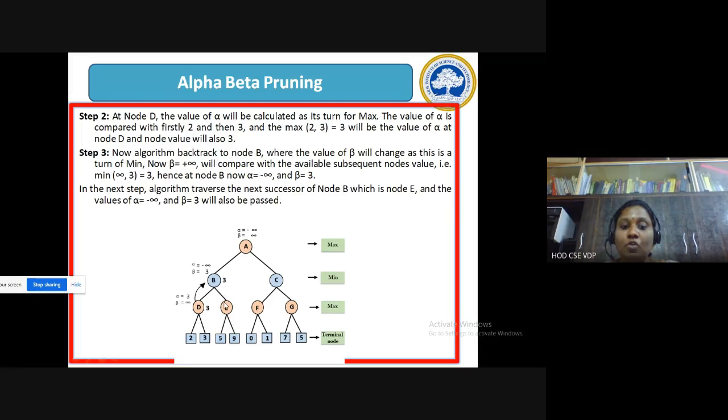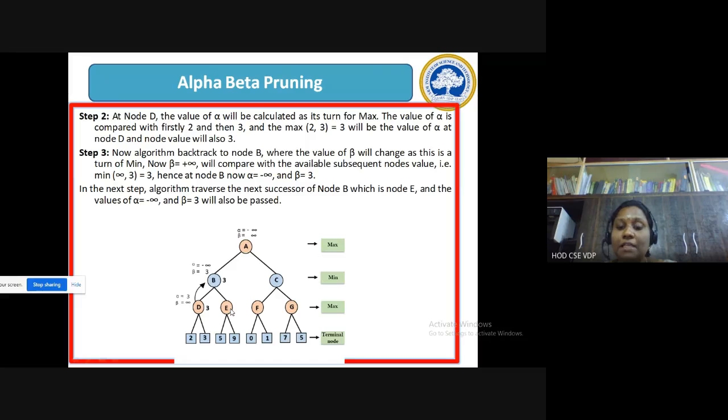Now coming back to this node, that is from B to E. When it moves from the parent to the child, what is inherited? Alpha is minus infinity and beta is equal to 3. That is inherited here. So beta will still be equal to 3, but alpha is minus infinity. What would be the value of alpha here?